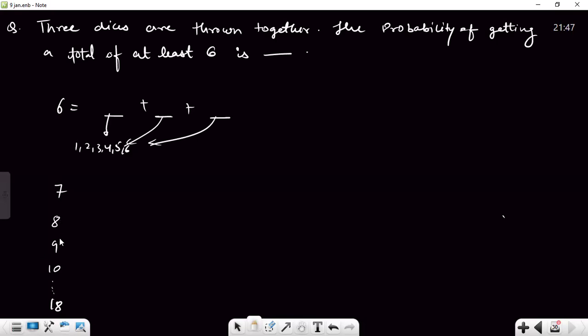But now you can see this is a large number of cases, right? If we go on to solve these cases, we'll not be able to find the answer in time.